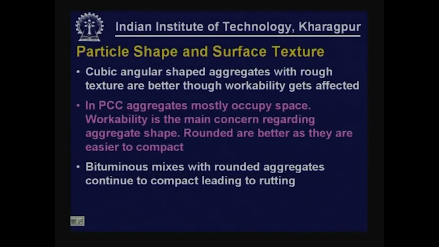Rounded aggregates are definitely better as they are easier to compact, whereas in the case of bituminous mixes with rounded aggregates, the stability is a little poor compared to angular aggregates, as these mixes continue to compact, leading to rutting.